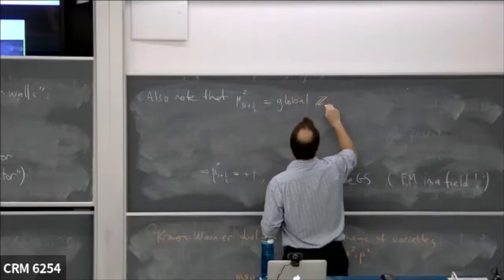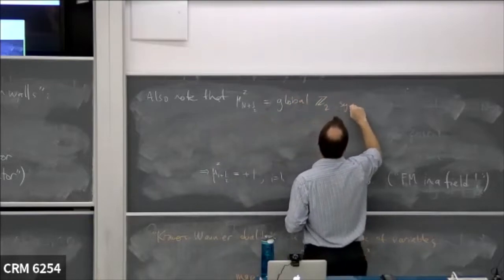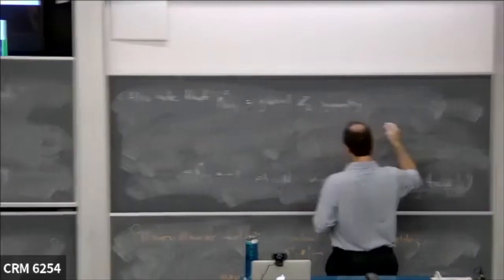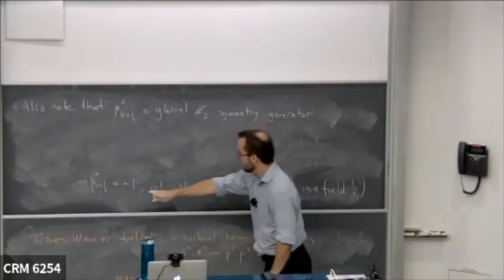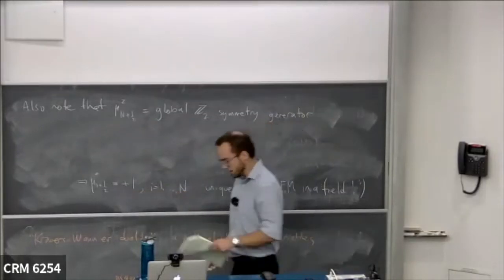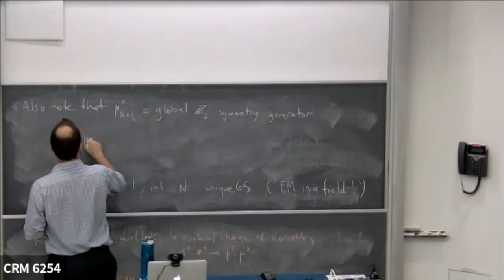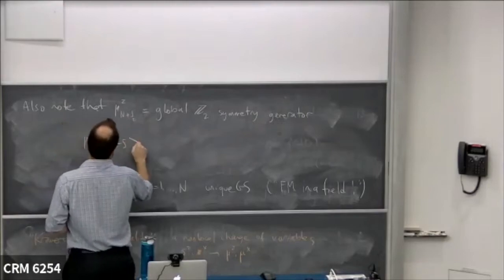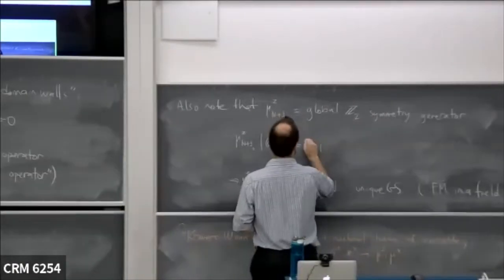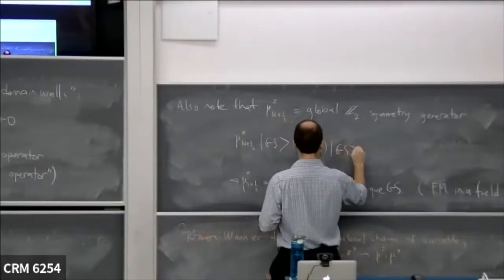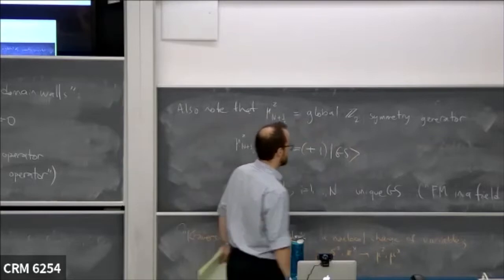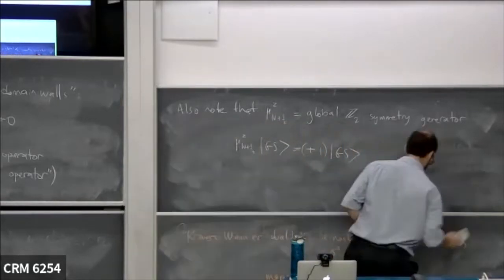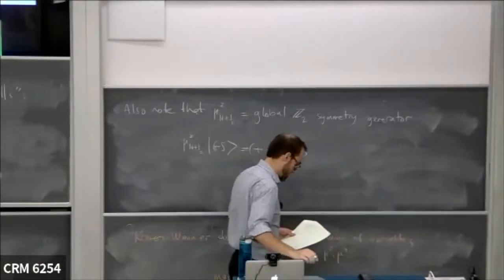Remember, it was the product of all the sigma x spins. The symmetry generator here, notice that it's equal to 1 in the ground state. So if I act with this operator on the ground state, I get plus 1. And so clearly the ground state is invariant under the Z2 symmetry. So we have an unbroken symmetry.